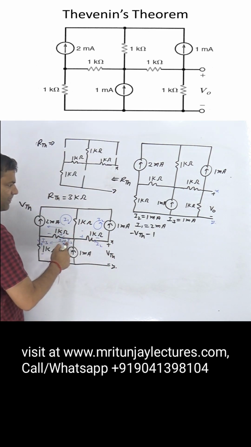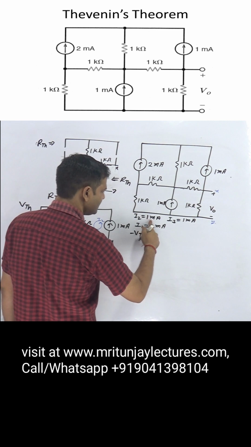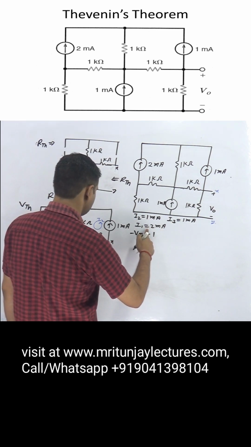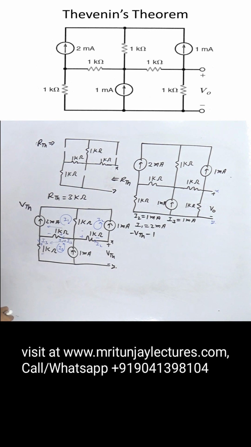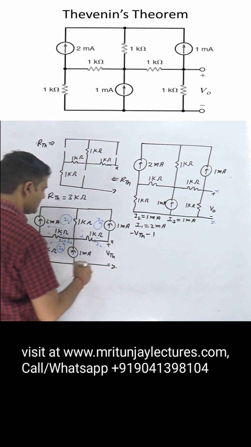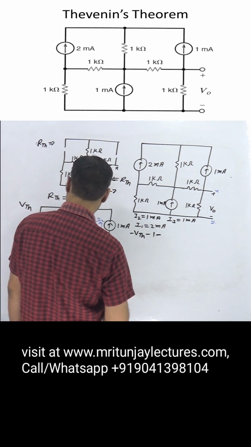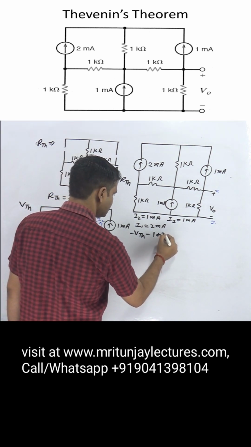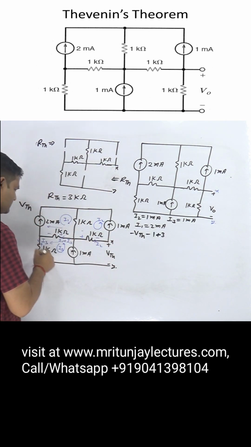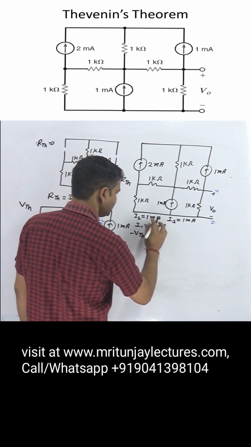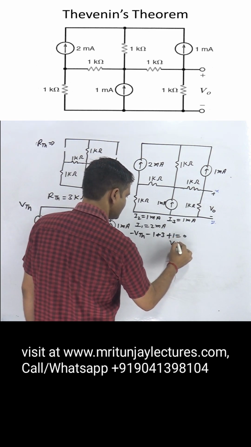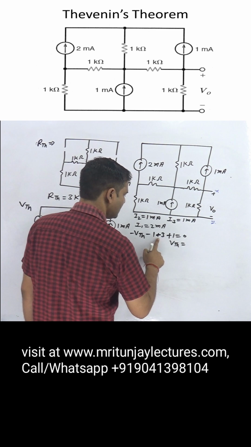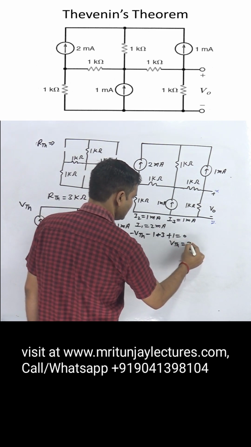Then I1 plus I3: I1 is 2 and I3 is 1, so 2 plus 1 equals 3. So plus 3 and plus 2 minus I3, I3 is 1, so minus 1, equals 0. So VTH equals 4 minus 1, that is 3 volt.